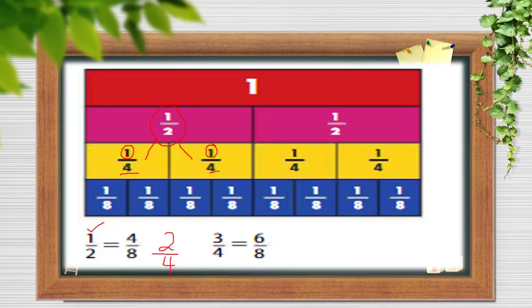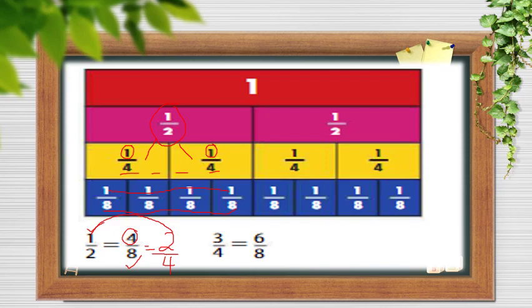So 1/2 is equal to 2/4. Now 2/4, which is the yellow part, is equal to how many blue parts? Excellent. 4 blue parts. And the denominator is? Very good. 8. So the fraction 1/2 is equivalent to 4/8 and 2/4 as well.